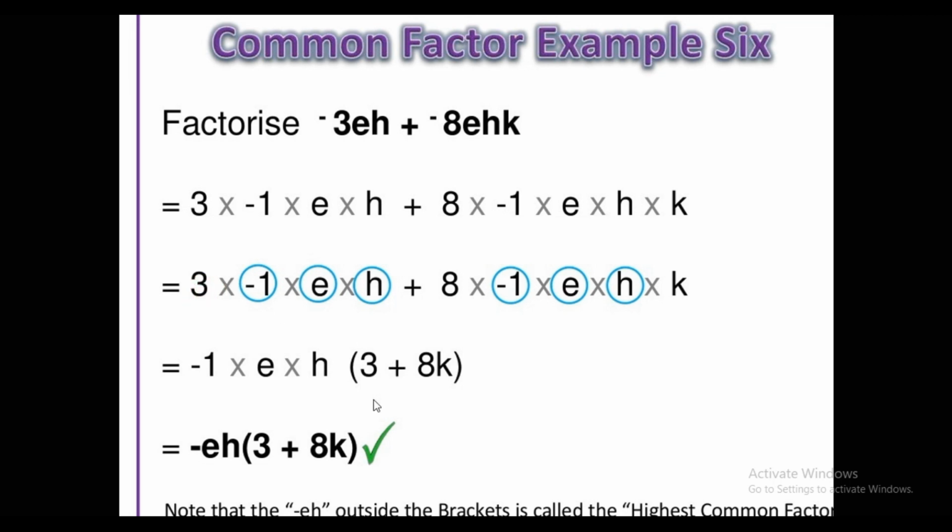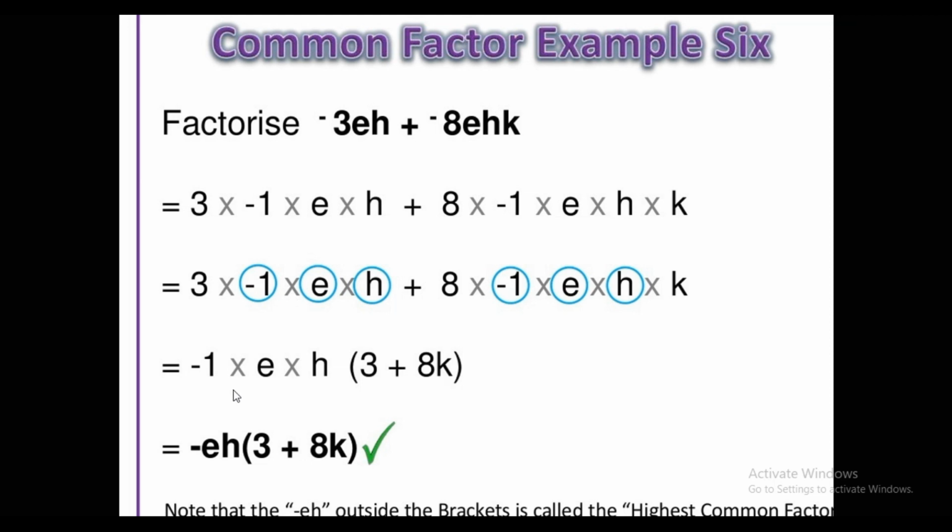We just put 3 here, and after that just look at this part. Minus 1 into E into H is the common term, and what is the leftover? What are the unmarked parts? A and K are the unmarked parts. So 8K, the 8 into K, is the leftover.